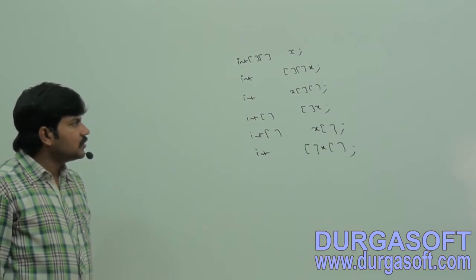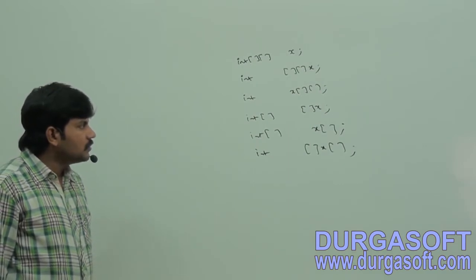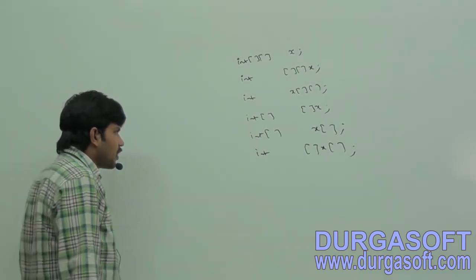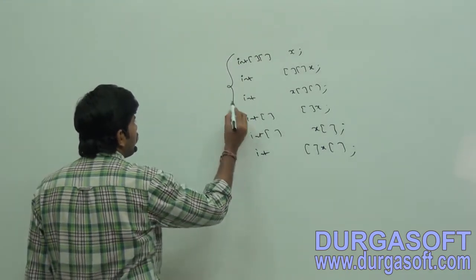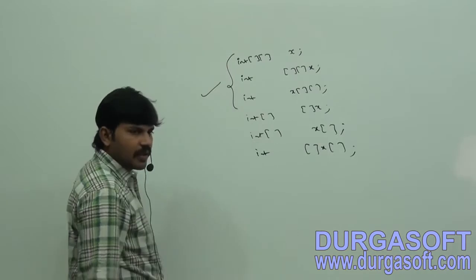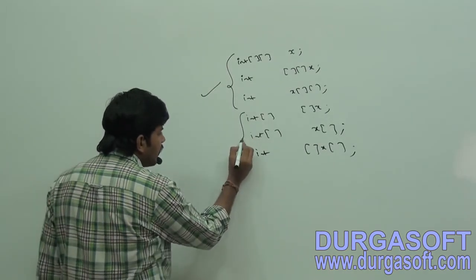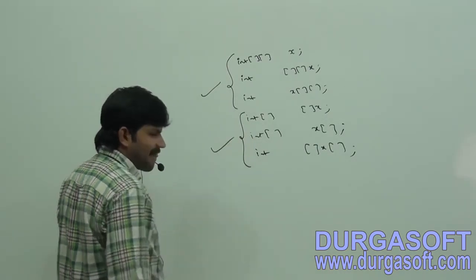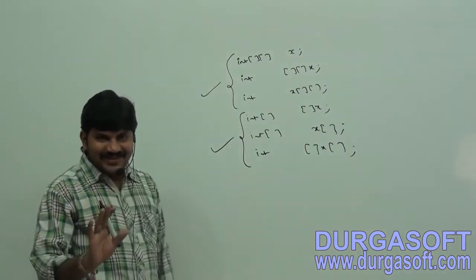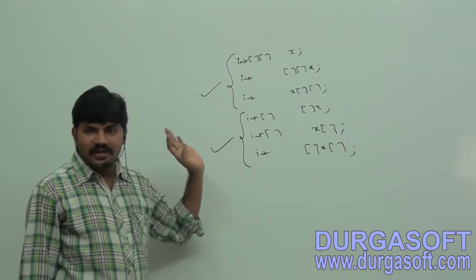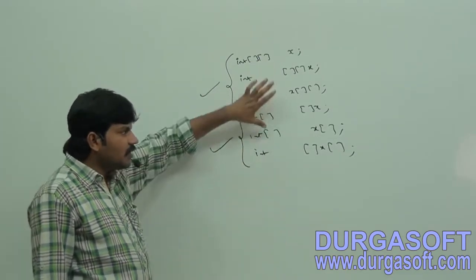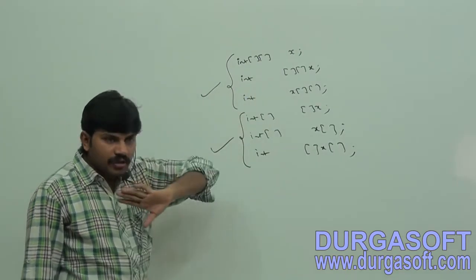First 3 are valid, 100% correct. Next 3 are also valid. Whether we are using the space or not using it, all these things are valid. Valid 2-dimensional arrays only. First 3, next 3 also, all are valid. Don't keep any doubt.